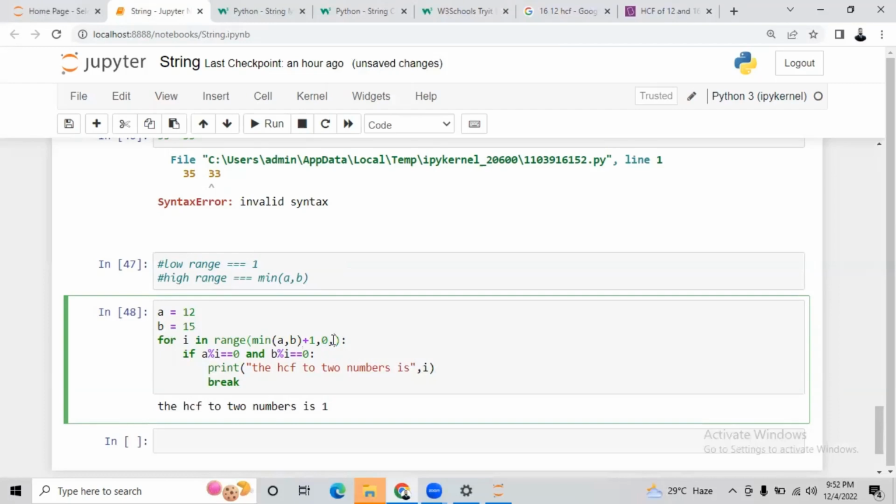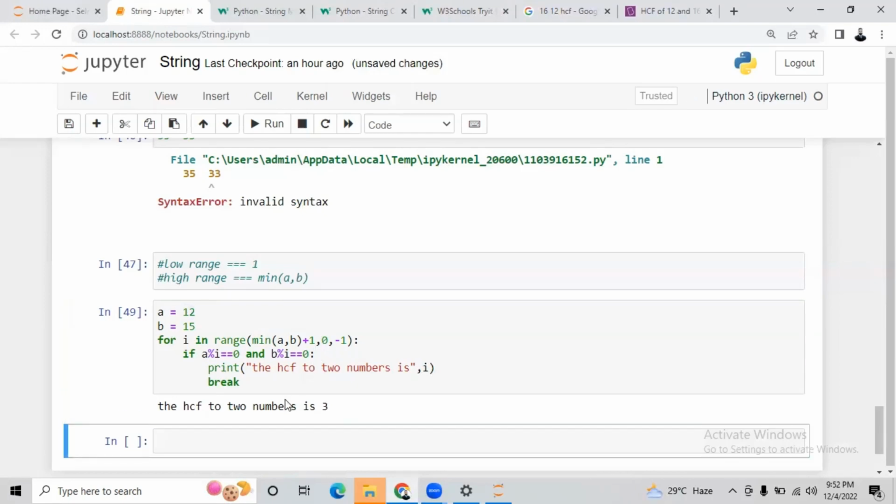And I will pass -1 here, because I want to decrement the values instead of incrementing. So it will start from 12. For 12 it will check. It's not true, then it will go to 11, then 10, then 9, and like this it will go till 1. It won't go to 0 because 0 is excluded. So at the end 1 will be satisfied, so the loop is going to break anyway. So for 3 it breaks. Got it, Akash?